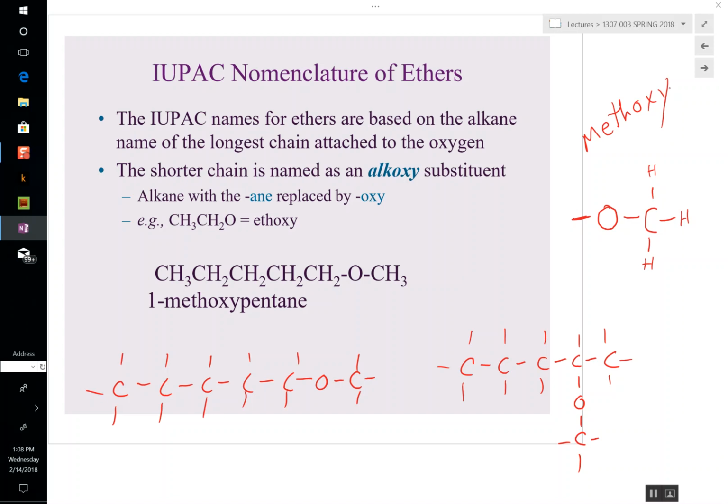We're going to say, okay, where is it attached? So we're finding the longest chain, pentane. And then we're saying we've got this substituent on the first carbon, and we got 1-methoxypentane.